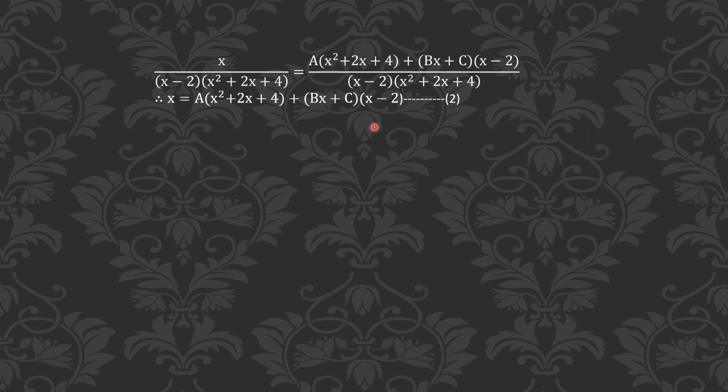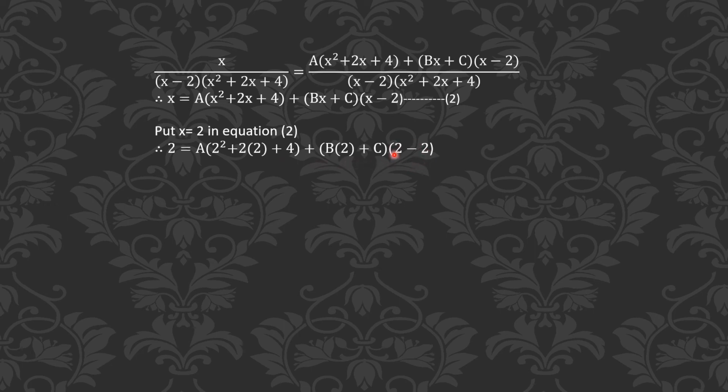What should be those values? Now look at the factor. Factor 1 is a linear factor. Equate the linear factor to 0. So if you put x minus 2 equal to 0, then we get the value of x is equal to 2. So put x equal to 2 in equation 2, then we get it as 2 equal to a into (2 square plus 2 into 2 plus 4) plus (b into 2 plus c) into (2 minus 2).